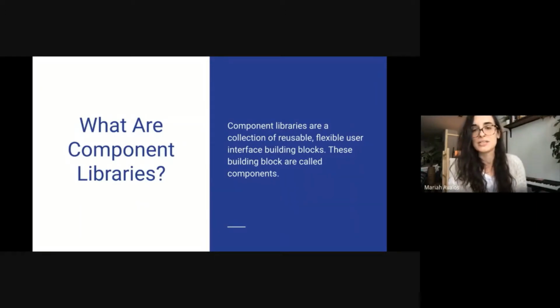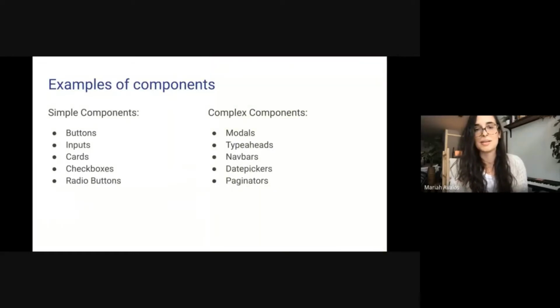Some simple examples are things like buttons, inputs, cards, checkboxes, and radio buttons, which fall as a subset of buttons. These types of components usually have 1 or 2 actionable elements to them. You can click on them and they do something, or they emit an event.